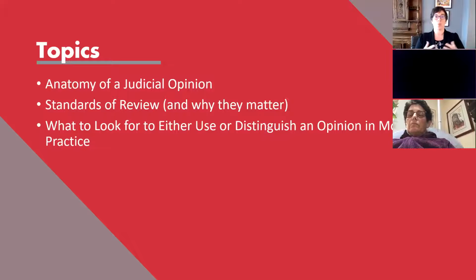And we will discuss why all of this is important and what to look for when either using or distinguishing an opinion in motions practice, because one thing that anyone who's been to law school knows is we've reviewed a number of cases, but often what we need in the practice of law is how to use the cases in our motions, in our briefings.